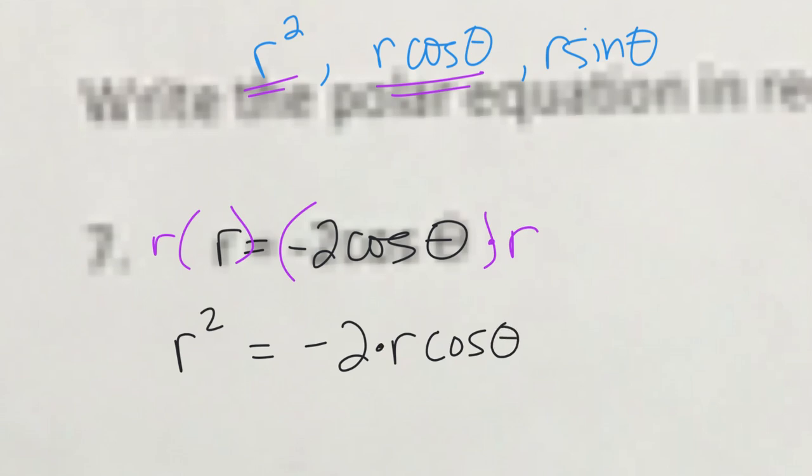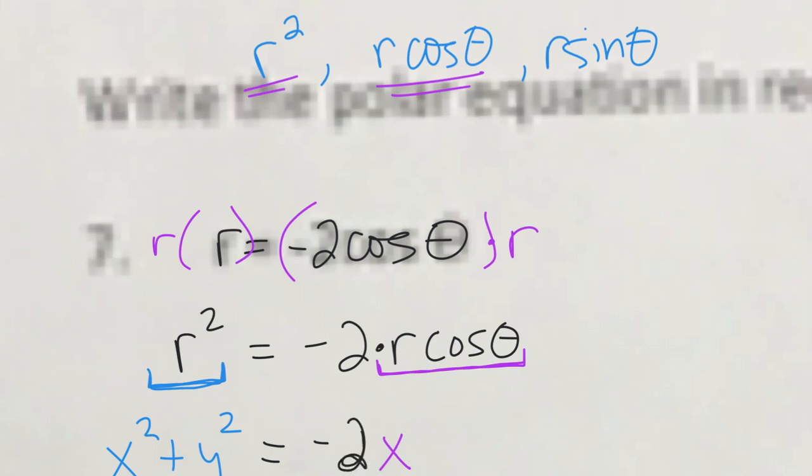Because we can replace r squared. R squared gets replaced with x squared plus y squared. That is its equal. The radius is a Pythagorean theorem equality. And I can replace r cosine theta. That's equal to x. The x coordinate is r times the cosine of theta.